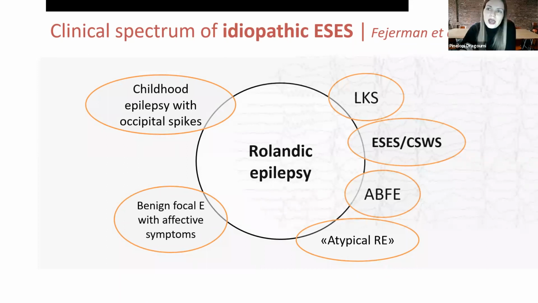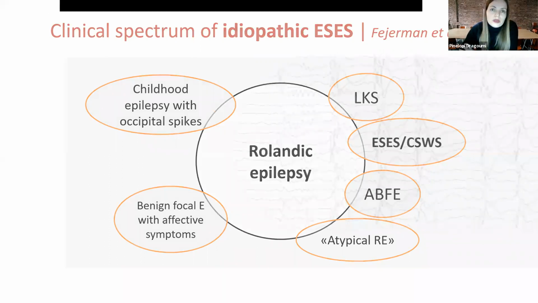We can have the development of these as a complication in the course of Rolandic epilepsy or childhood epilepsy with occipital spikes or benign epilepsy syndromes. And we can also have these epilepsy aphasias, Landau-Kleffner, or it can be due to some mutations like the GRIN2A mutations that we mentioned earlier.